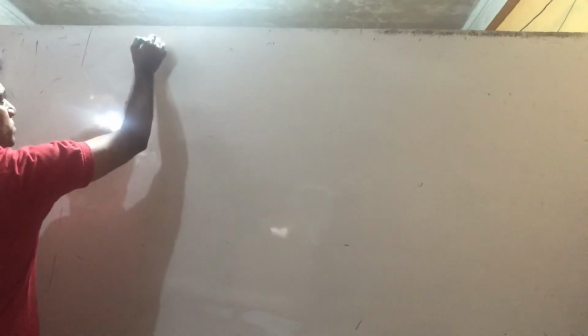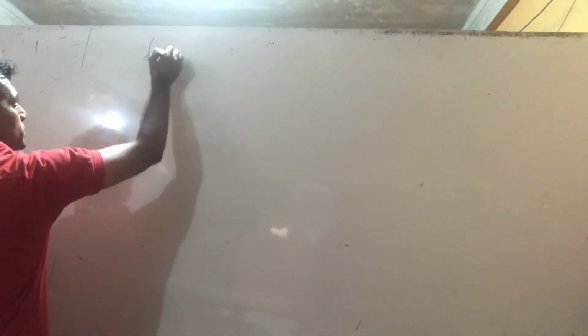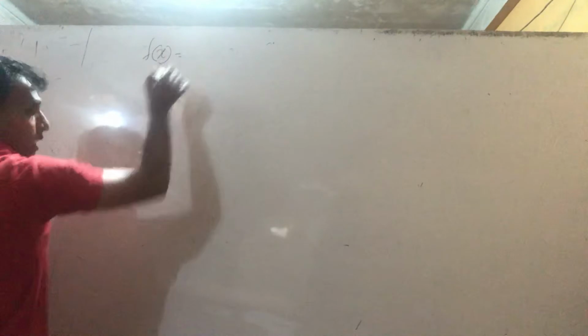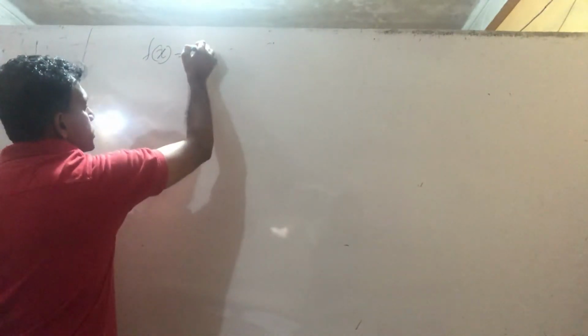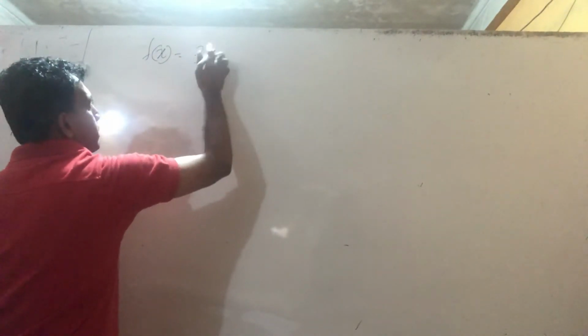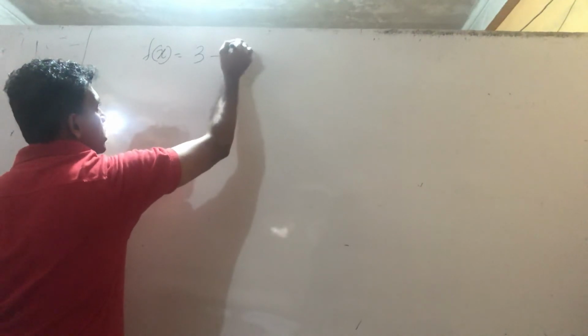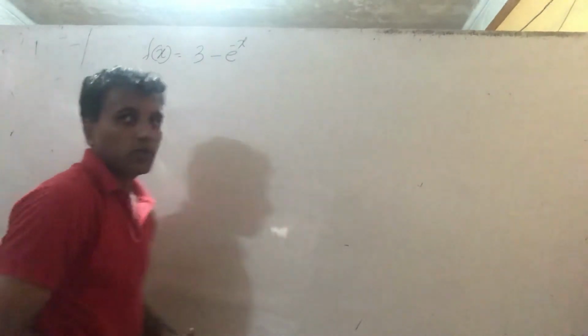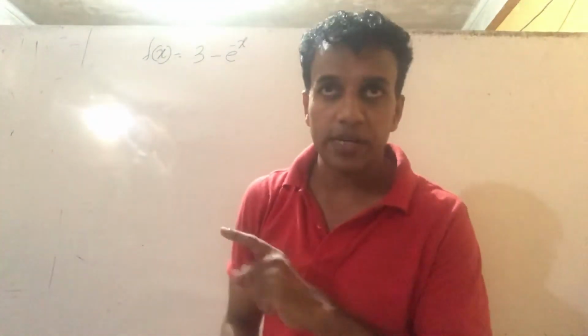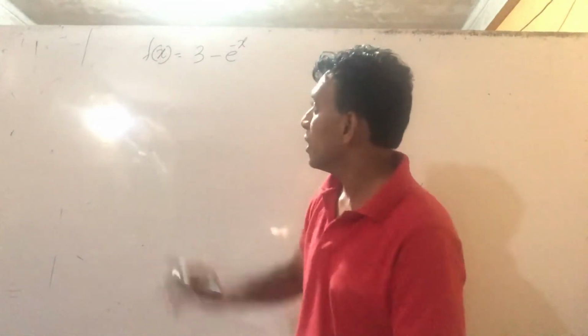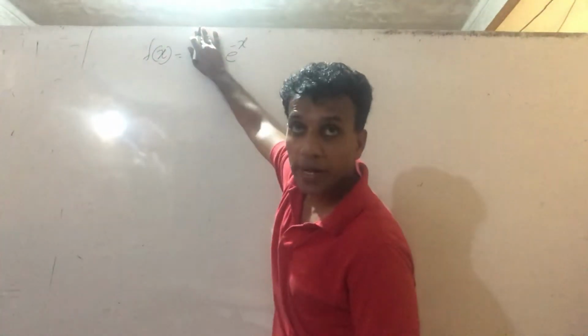So first graph, f of x equal 3 minus e to the power minus x. As I mentioned earlier in my rough diagrams, very clearly I showed e to the power minus x.